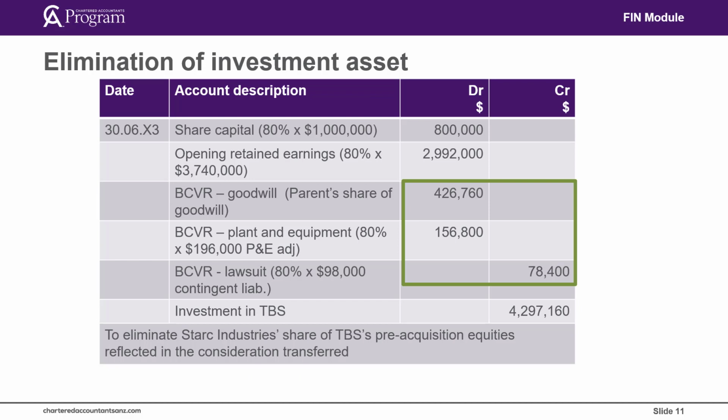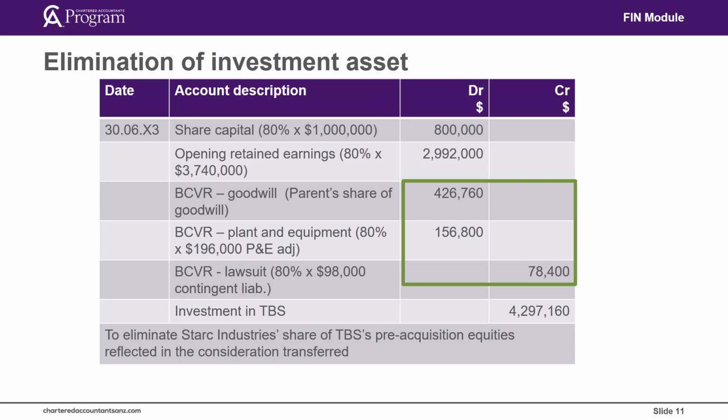So debit BCVR goodwill $426,760. Eliminate the parent share of the plant and equipment fair value adjustment. Debit BCVR plant and equipment $156,800. Eliminate the parent's share of the damages contingent liability adjustment. Credit BCVR lawsuit $78,400.